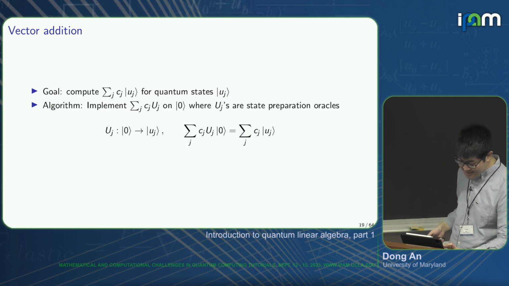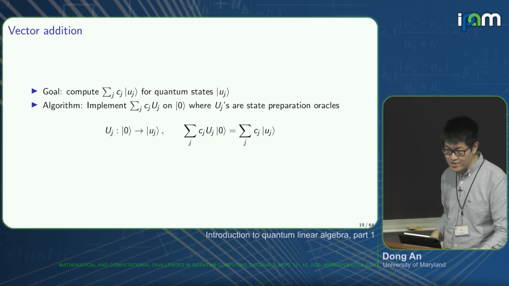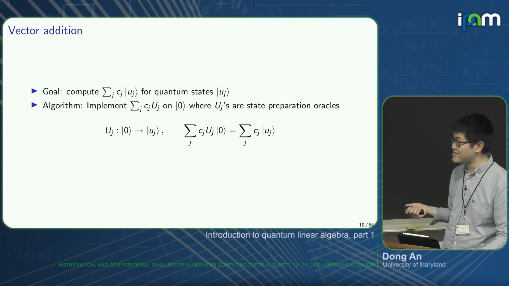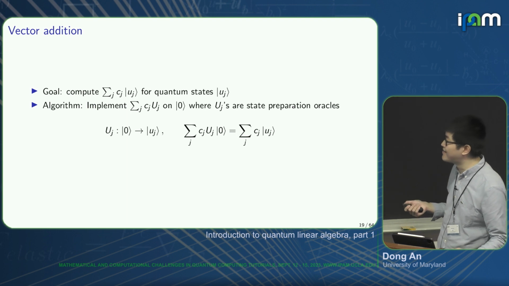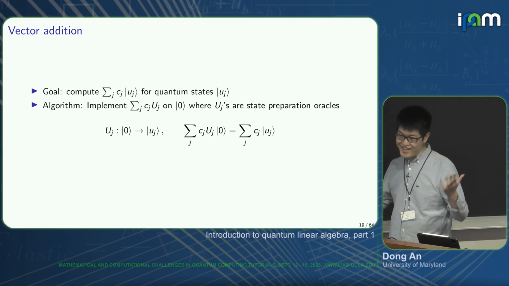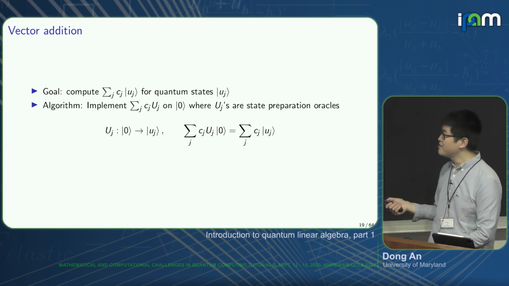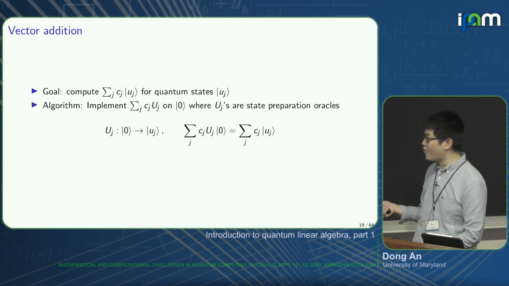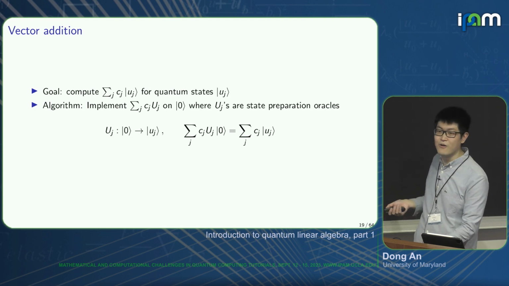So a slight generalization of LCU is that we know how to do the addition among matrices, and a slight generalization is how we can do the addition among vectors or among quantum states, right? It is again the LCU, but we just replace the unitaries by the corresponding state preparation oracles, right?